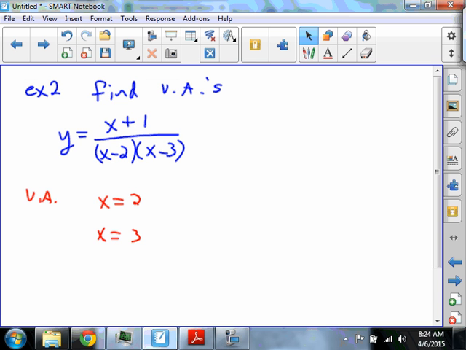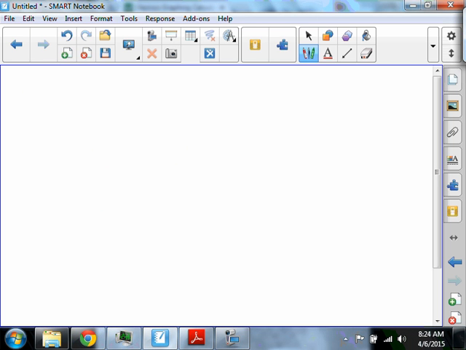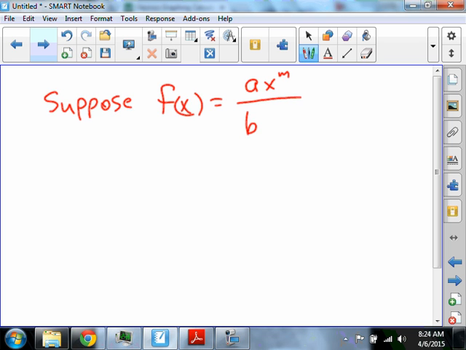All right so far? We got one last thing to look at, and to look at this last thing, what we need to do is redefine our rational functions. So suppose f of x equals a x to the m over b x to the n.